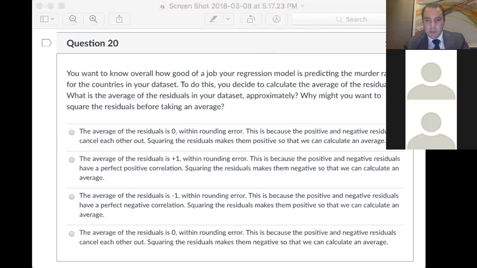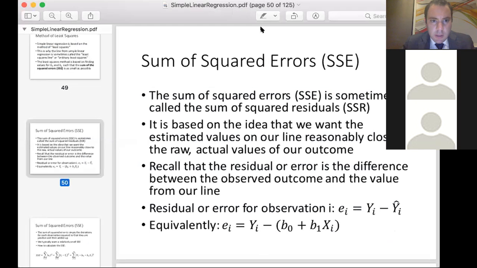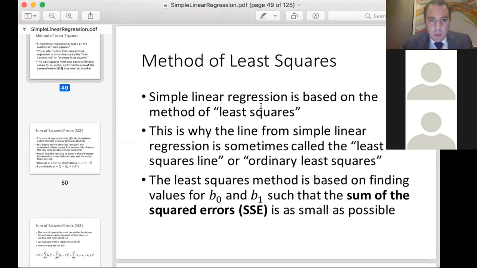That makes sense. Let me just pull up the relevant lecture slides. You should be able to see this. This is the method of least squares. This is basically the theory behind how linear regression works, and what your calculator or your R program is actually doing when you're running a regression model.